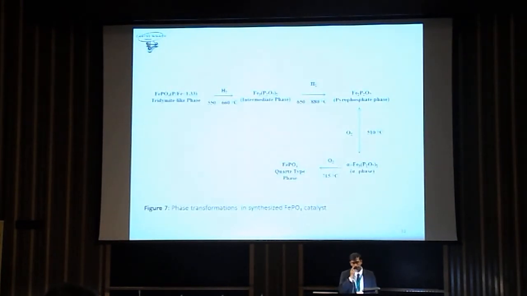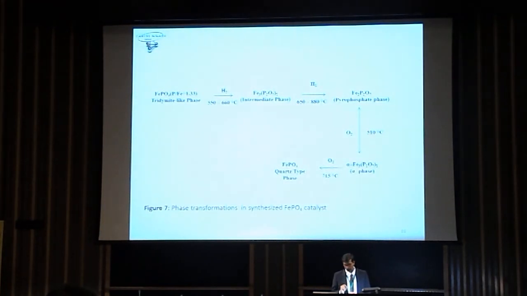So after all these conclusions, we drew a schematic diagram of the reduction and reoxidation of the iron phosphate. In between 550 and 660 degrees, iron phosphate is transforming to Fe3P2O7, which is an intermediate phase, and at higher temperatures it goes to the pyrophosphate phase.